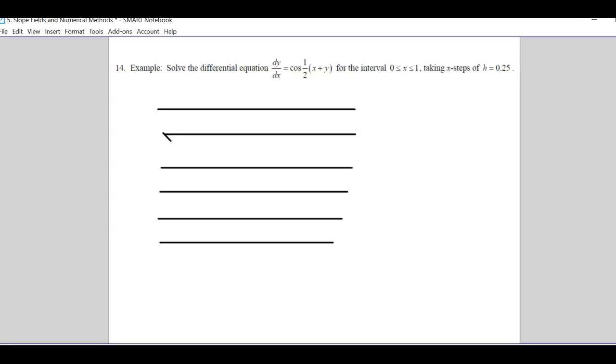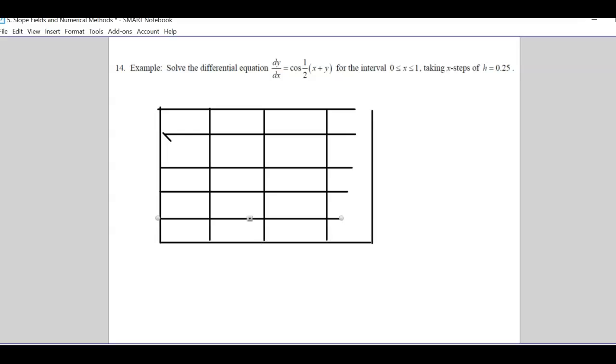So we're starting at x is 0, 0.25, 0.5, 0.75, 1, and then we need our x, our y, our dy.